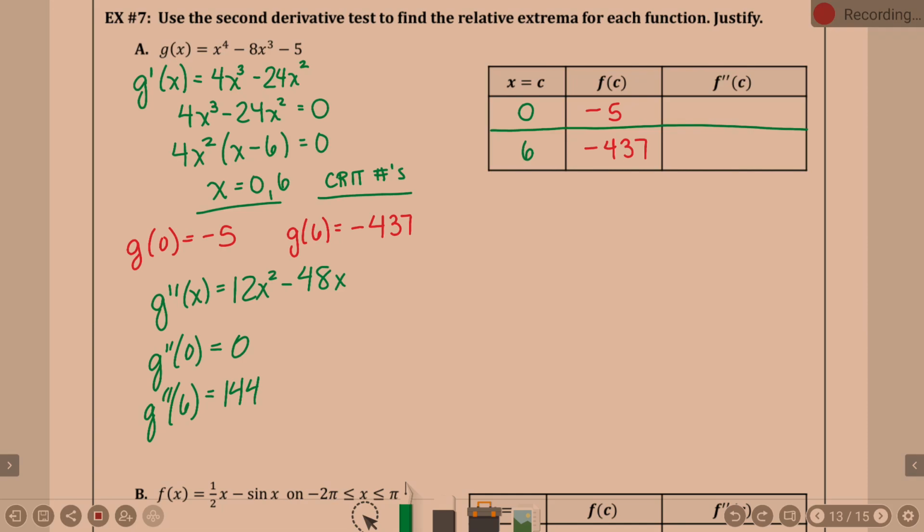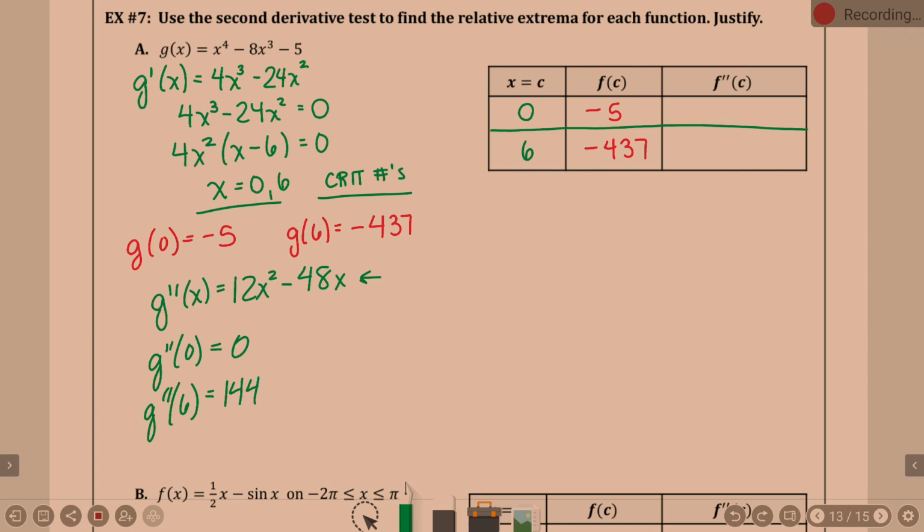Are you plugging it into the second derivative? 12x squared, so 12 times 6 squared minus 48 times 6. That's 432, because 12 times 36, minus 48 times 6, which is 144. But 432 minus 144 equals 288. Interesting.